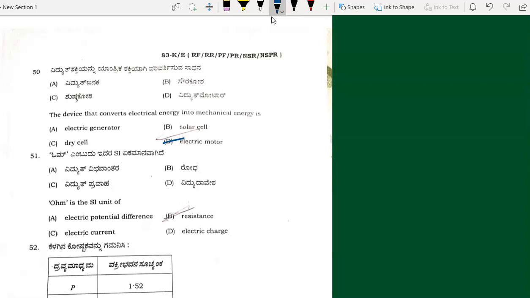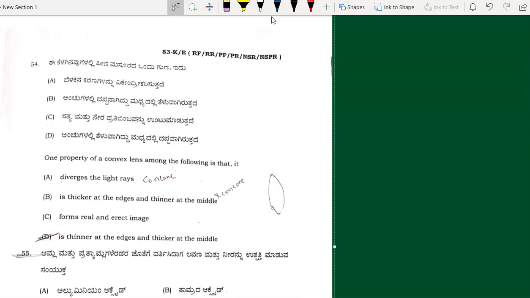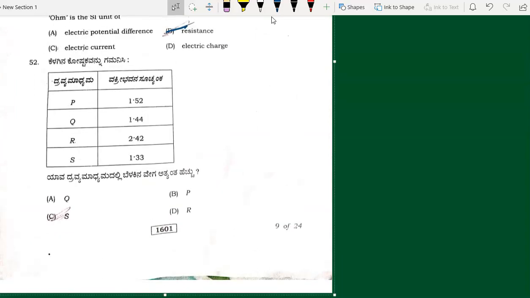Next, the ohm is the SI unit of resistance. You know, right? Here no need to do anything.